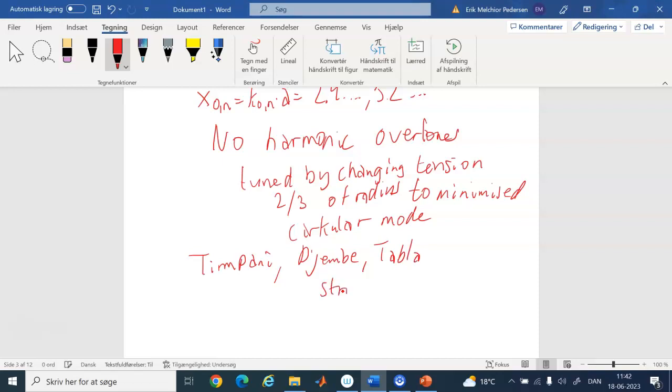And then some plucked membranophones, which could be a katara. Plucked membranophone. Okay, thank you.